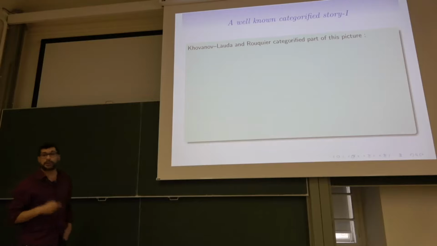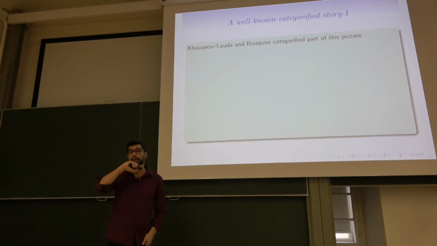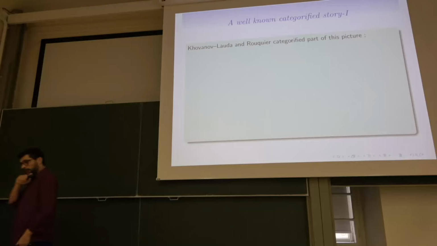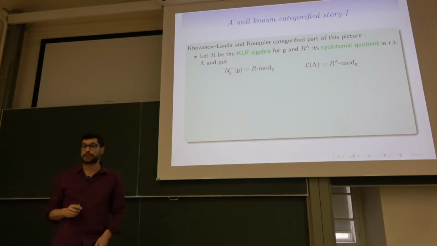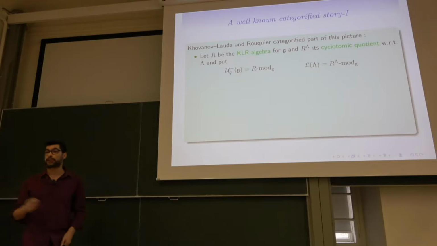Khovanov, Lauda, and Rouquier have categorified part of this picture. They constructed the now celebrated KLR algebras, the quiver Hecke algebras, and used them to categorify this picture.